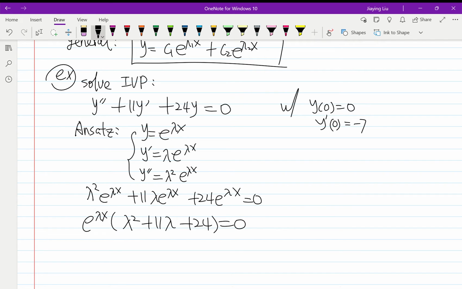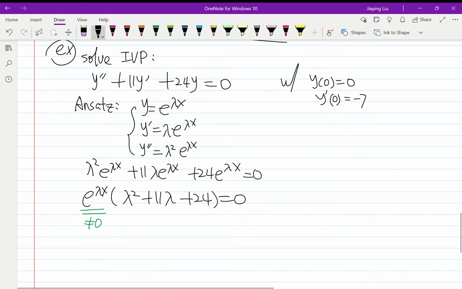So now we have a product. We have an exponential term times this parentheses equals 0. That means one of them has to be 0. It could be either one. But if you look at the exponential term, it's like y equals e to the x, or e to the negative x. It never goes to 0. It could be exponential decay or growth, but it's never equal to 0.